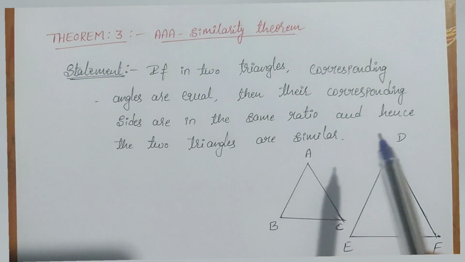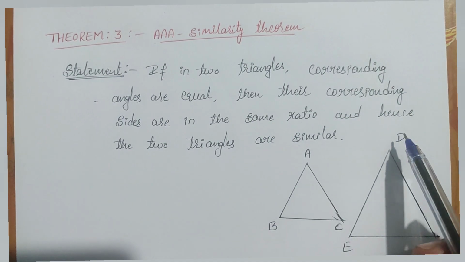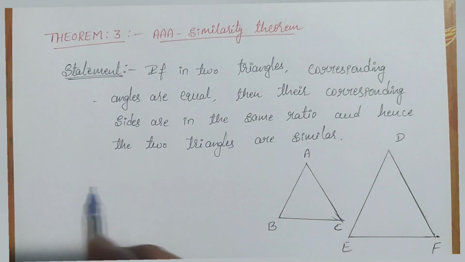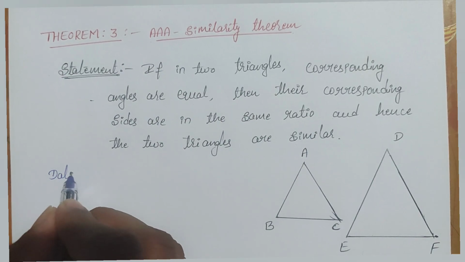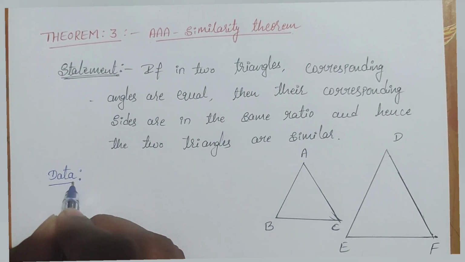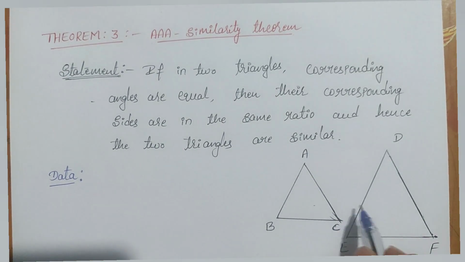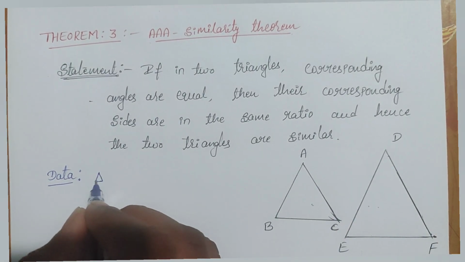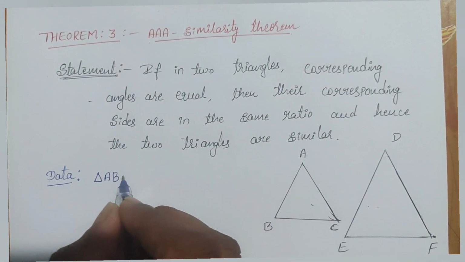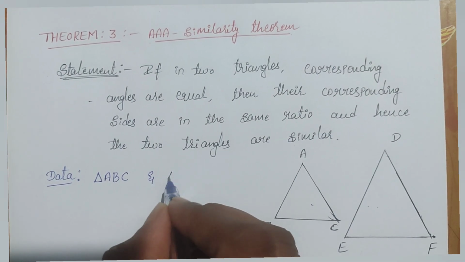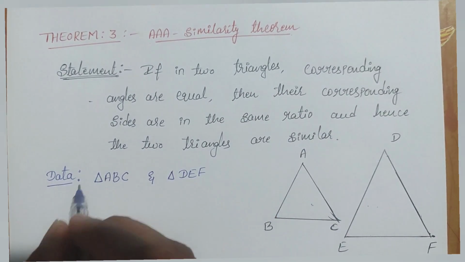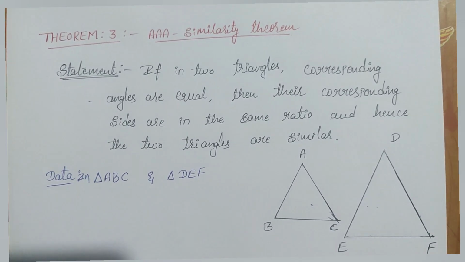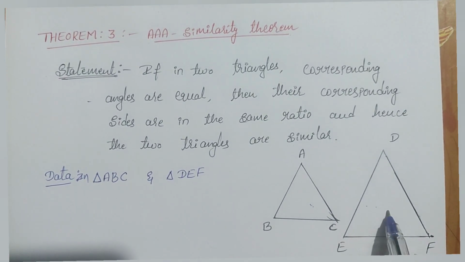We have to prove this theorem now. For that we have to write the data here. There are two triangles we have taken, triangle ABC and triangle DEF.